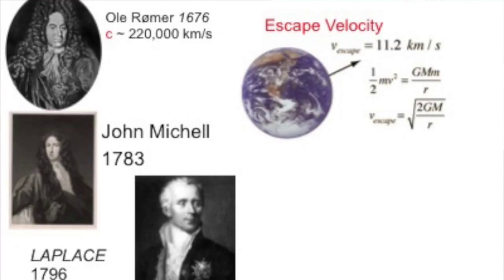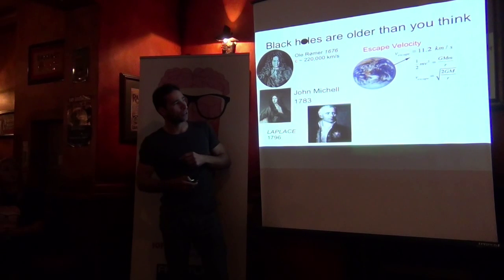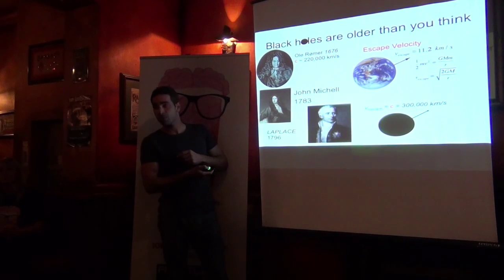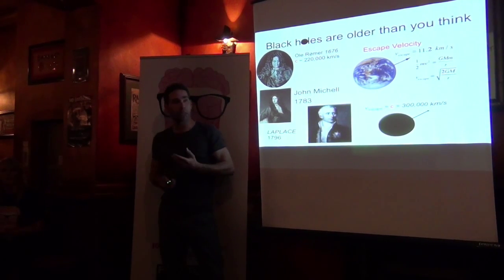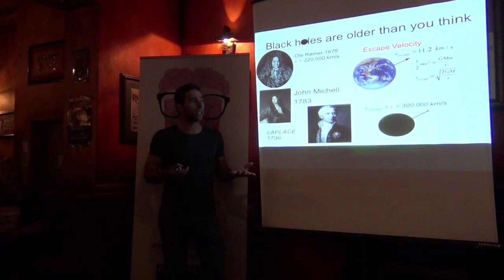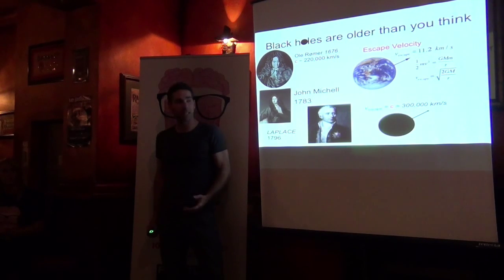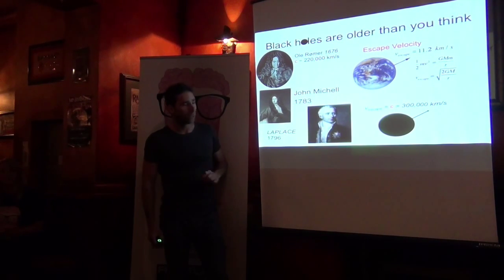What these two gentlemen worked out is that you can do the same for any object you want, but let's make it really big and really massive so that when you work out the formula here, you get that escape velocity is the speed of light, 300,000 kilometers a second. When that happens, no light can escape the surface. If there's no light coming from an object, it appears completely black. Hence, you have a black hole. But that's not what they called it. I believe they referred to it as a dark star.